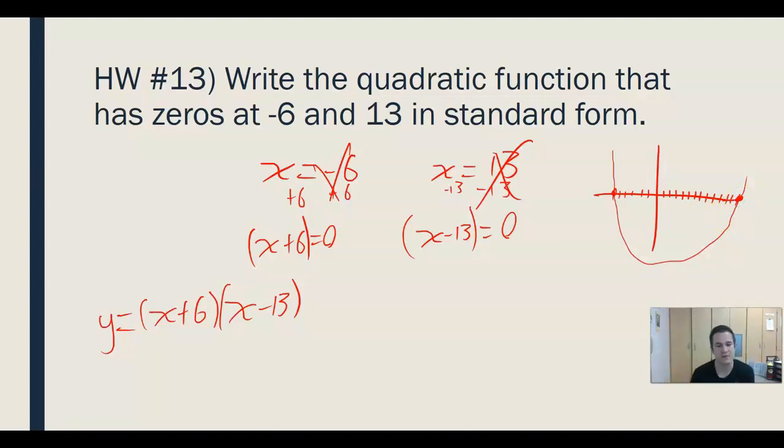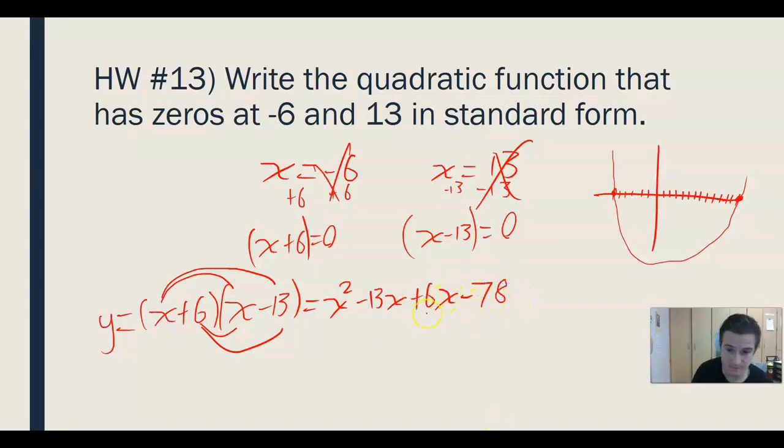I want to go ahead and convert this to standard form. So I'm going to multiply these two together by using my rainbow, making sure everything in the first parentheses is multiplied by everything in the second parentheses. And I get x squared minus 13x plus 6x minus 6 times 13 is negative 78.